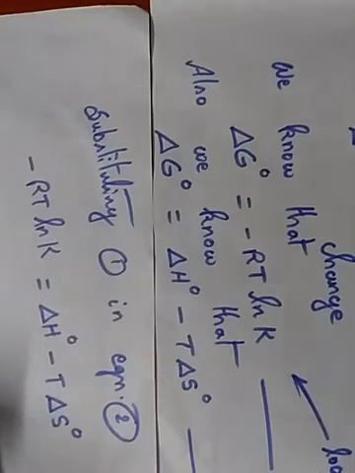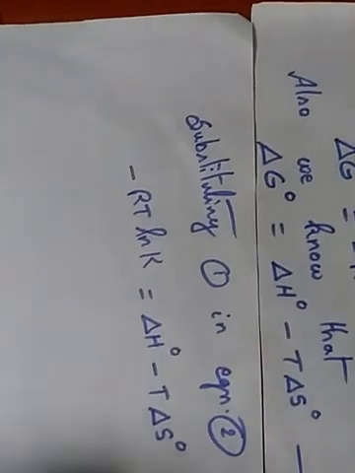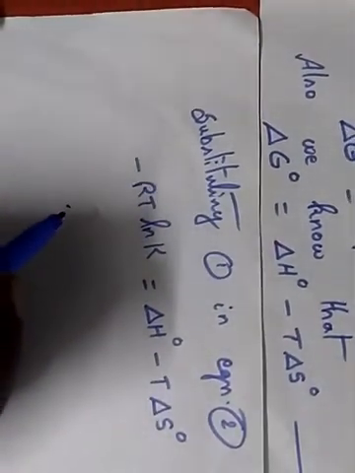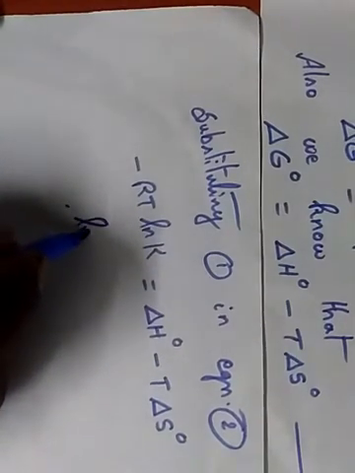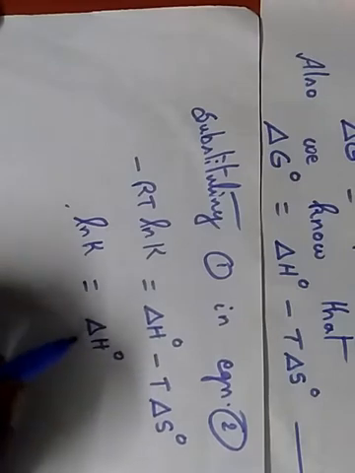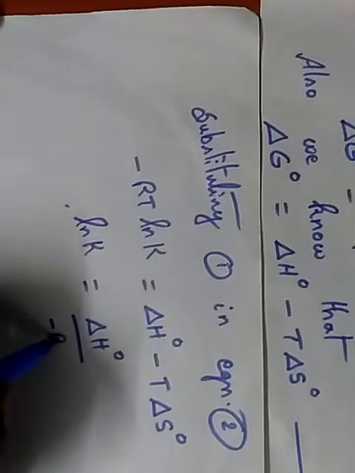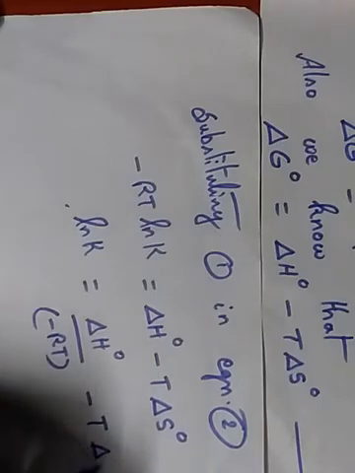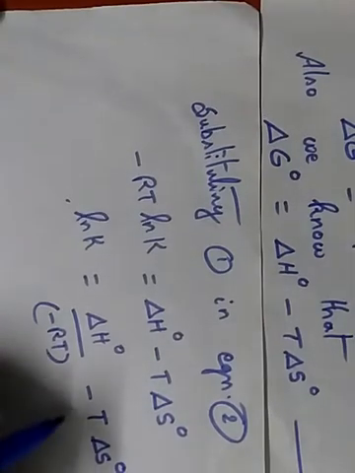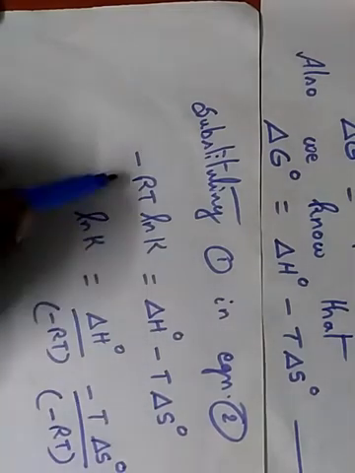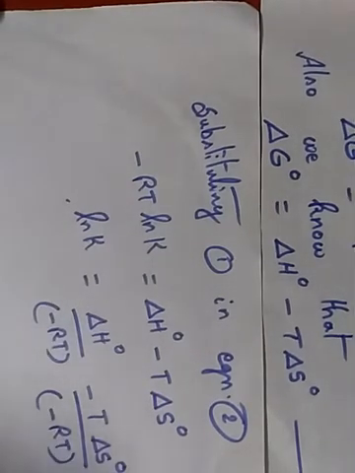Now we can rearrange. So rearranging, you keep ln K here and move this term to the other side. So ln K is equal to del H naught by minus RT minus T del S naught by minus RT. That is, this equation is divided by minus RT.